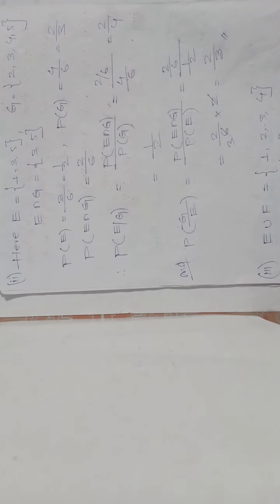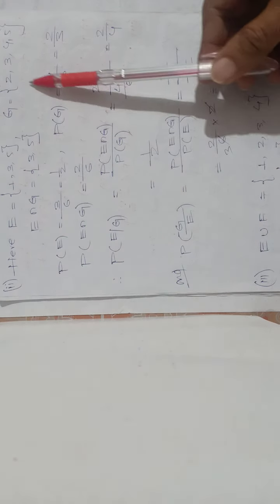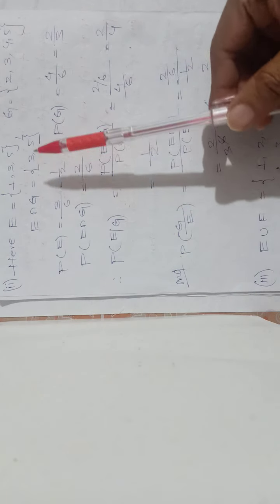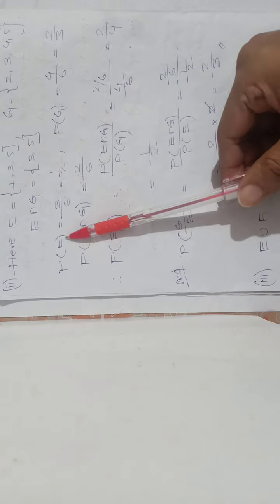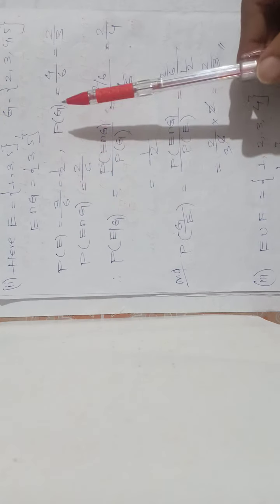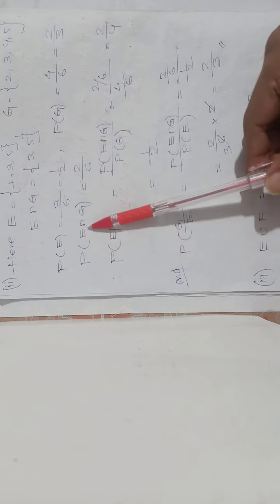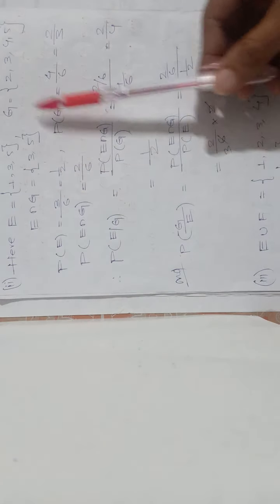Now the next question. Here E is given as {1, 3, 5}, G is given as {2, 3, 4, 5} and E intersection G is {3, 5}. So probability of E is 3 by 6, which is half, probability of G is 4 by 6, which is 2 by 3, and probability of E intersection G is 2 by 6.